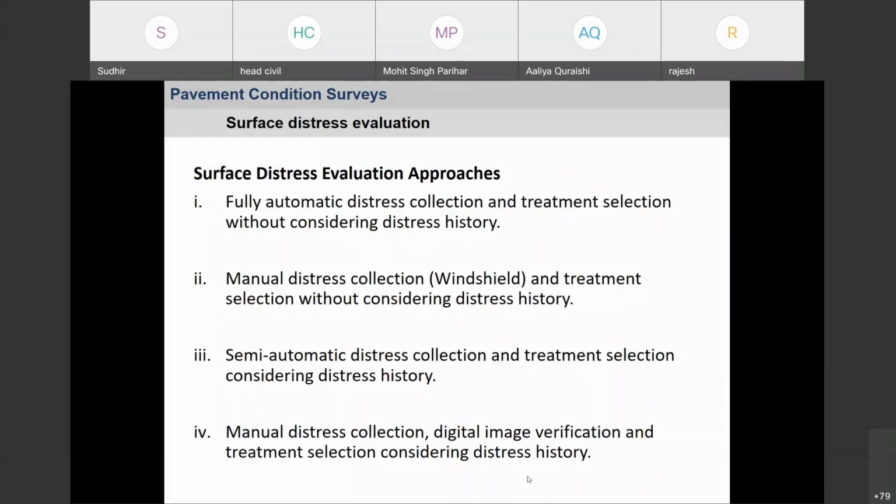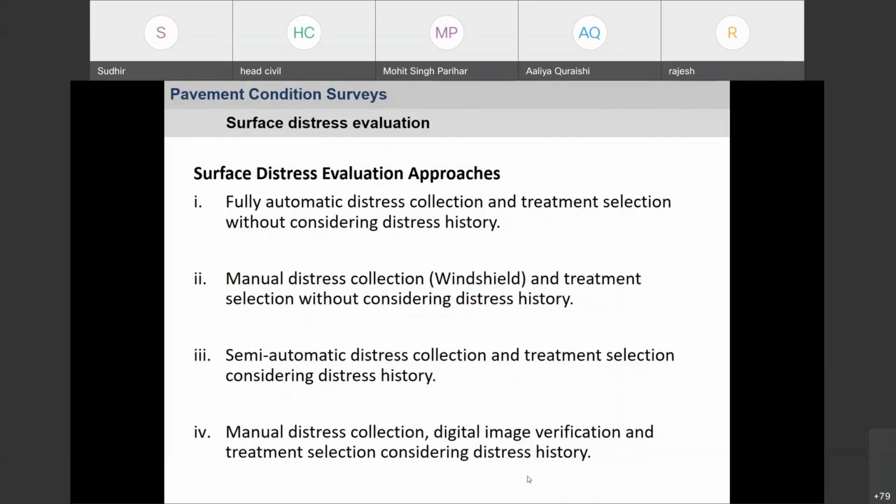But then this data has to be used finally to decide what treatment needs to be provided, or at what time this treatment needs to be provided.